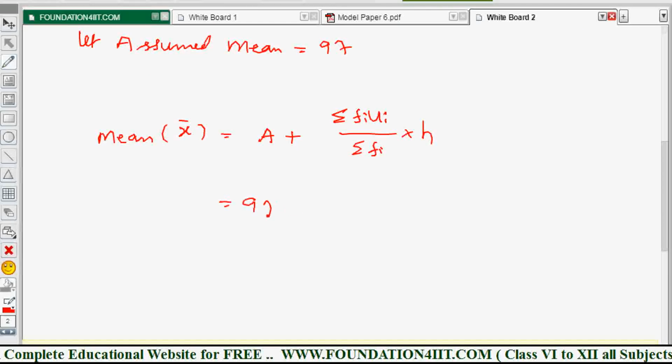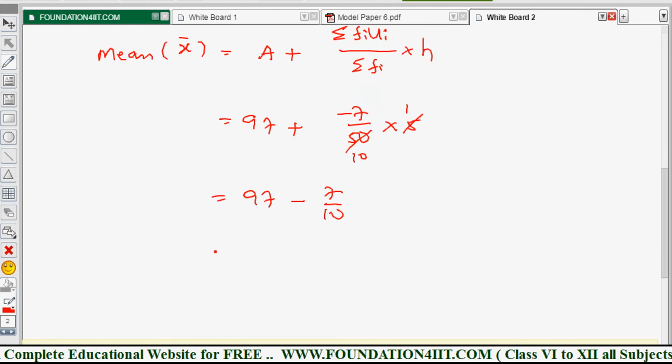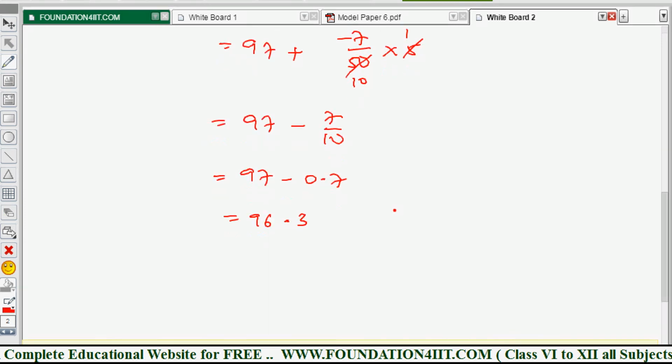Substitute all these values. So a is 97, sigma Fi Ui is minus 7 by 50 into class size 5. We cancel: 5 ones are 5, 5 tens are 50, so 97 minus 7 by 10. So 97 minus 0.7, that is 96.3. So nearest to grams is 96.